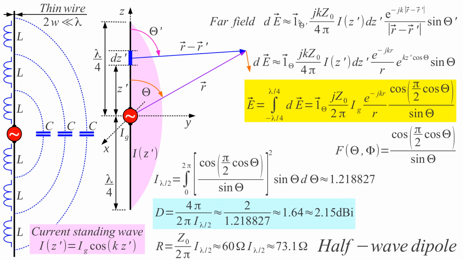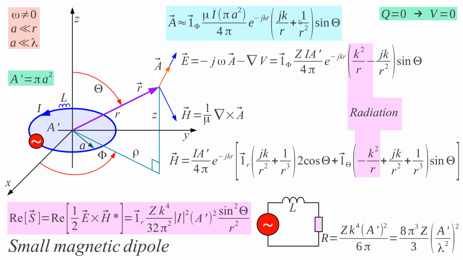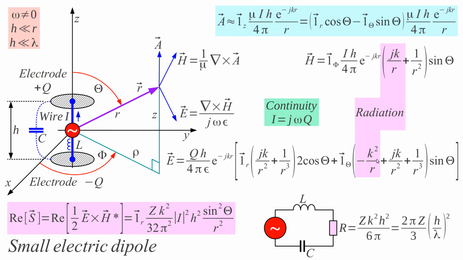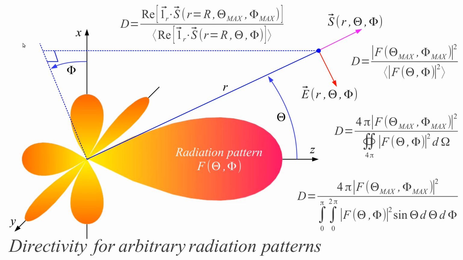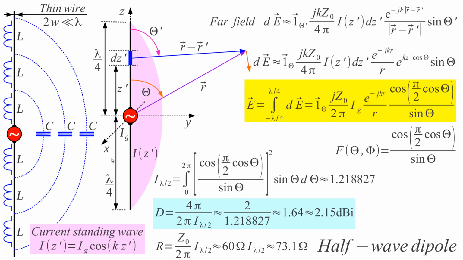Radiation only is considered here, so from the previous equation I take this solution and only this term for the electric field. This is already calculated for a short section. But now, when I have a longer wire, I simply have to integrate along the wire and see what is changing.